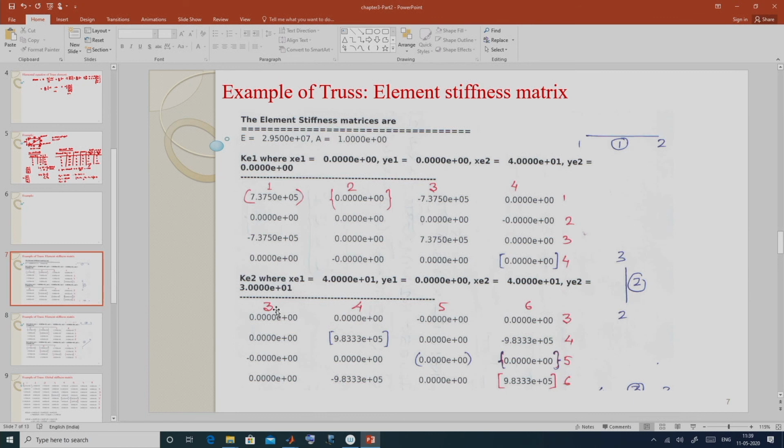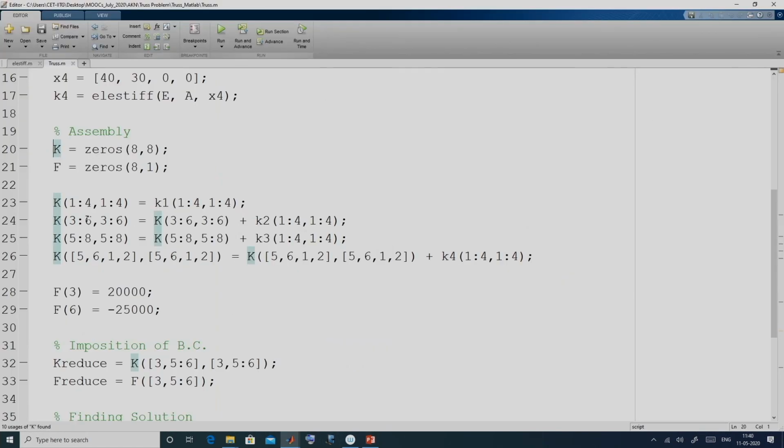For the second element, the global degrees of freedom are 3, 4, 5, 6. So it will be contributing in this row and column of the global stiffness matrix. So we have added 3 to 6, 3 to 6, this second element stiffness matrix.